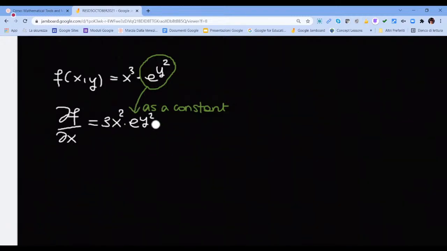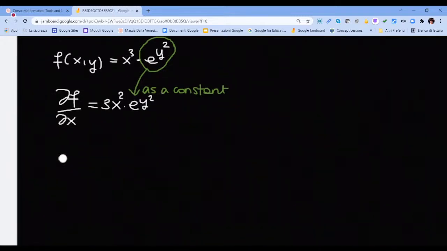So if you had, for example, 5x cubed, 5 is a constant, and the derivative will be 15x squared.